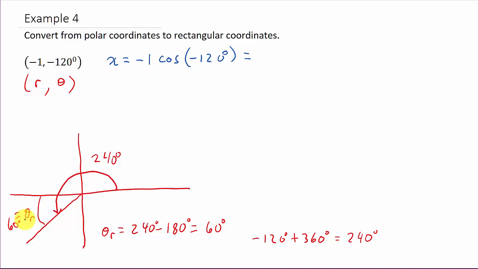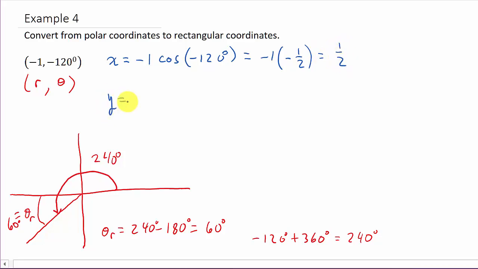So now we're ready to do our calculations. We've got -1 times the cosine of -120, which I can do as the cosine of 60. The cosine of 60 is 1/2. I'm in the third quadrant, so this is negative, and so this is going to be positive 1/2.